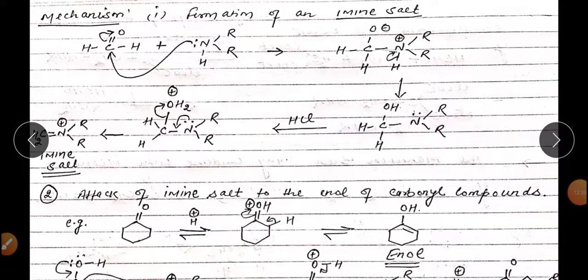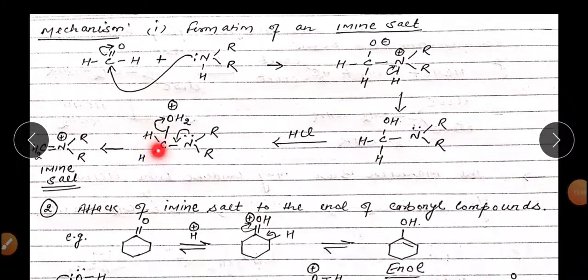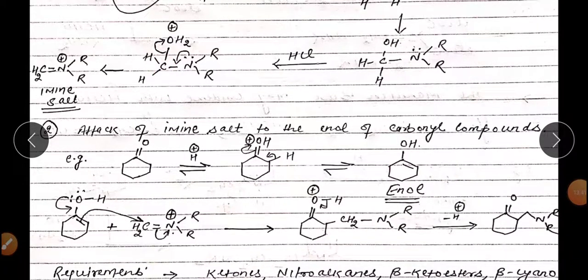So there is a transfer of H positive, and this product on reaction with HCl, that is under acidic condition, gets converted into OH2 positive, and the water molecule is eliminated and it gets converted into the imine salt. So this is your imine salt in this reaction. The first step of the Mannich reaction is the formation of the imine salt.